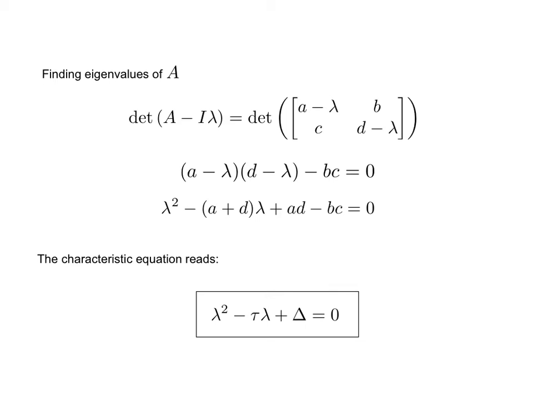The first is the determinant, delta, which is ad minus bc, and the other one is tau, the trace, which is a plus d.